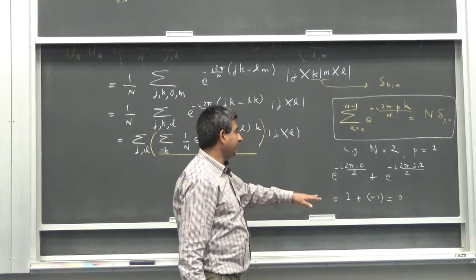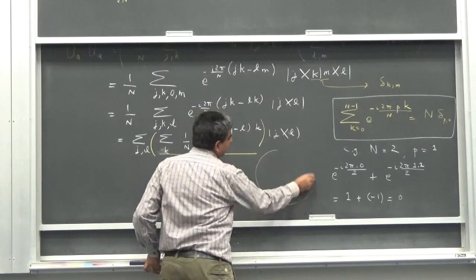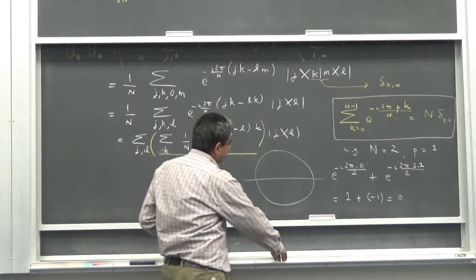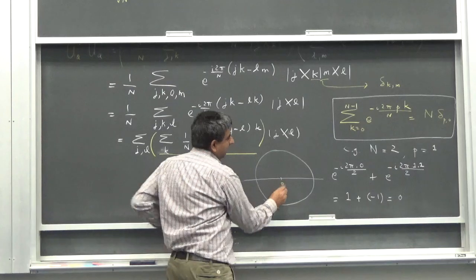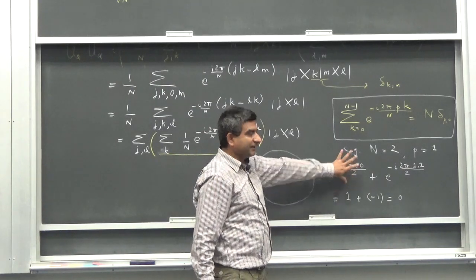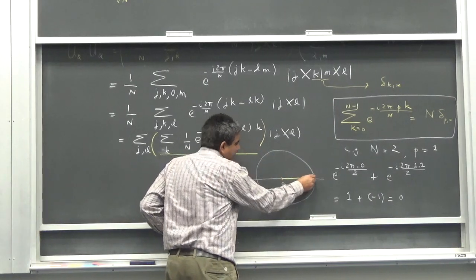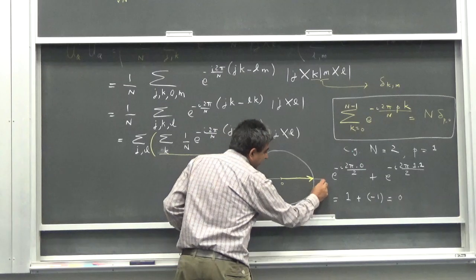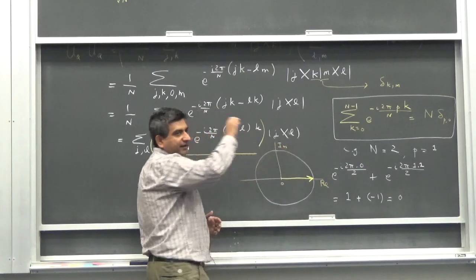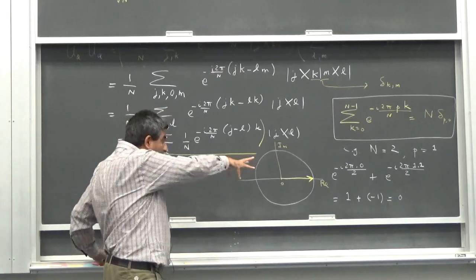If I were to draw a circle, it's called an Argand diagram. This is my origin. This number here is e raised to the power 0. This is represented by an arrow pointing in this direction. This is my real axis and this is my imaginary axis. So this is an Argand diagram in which I would like to plot these complex numbers, which are called phasors.